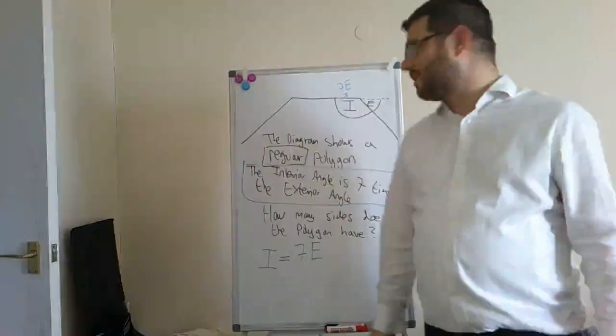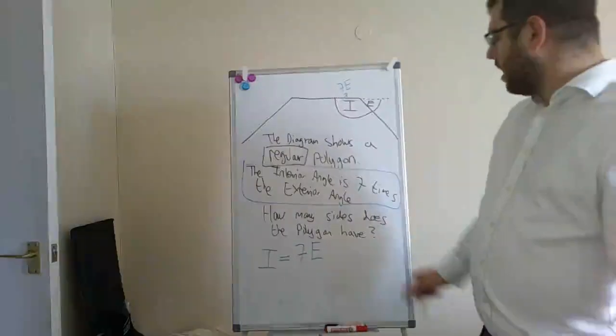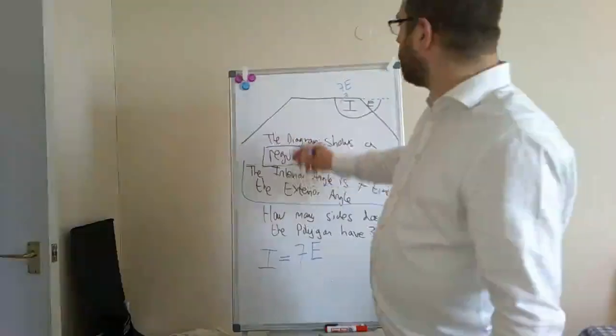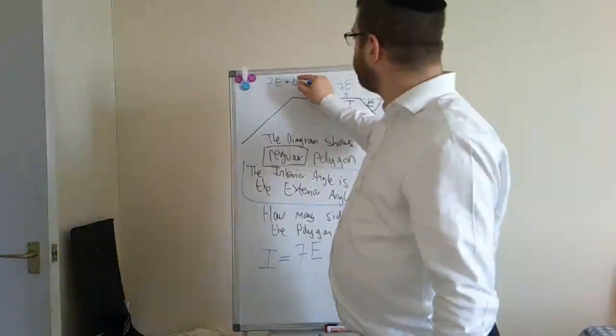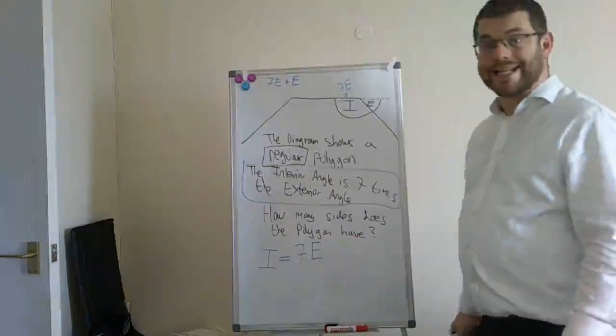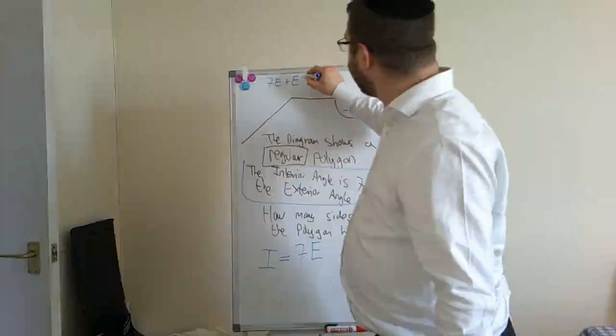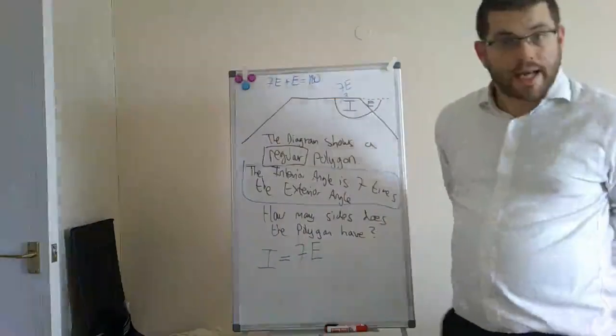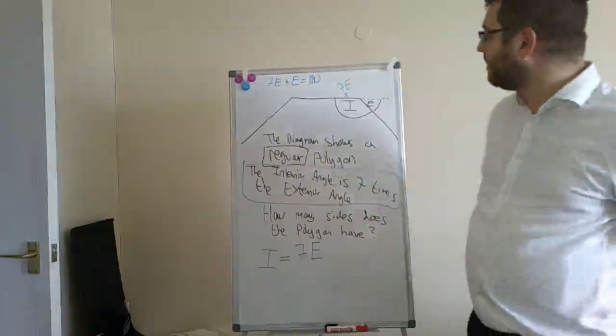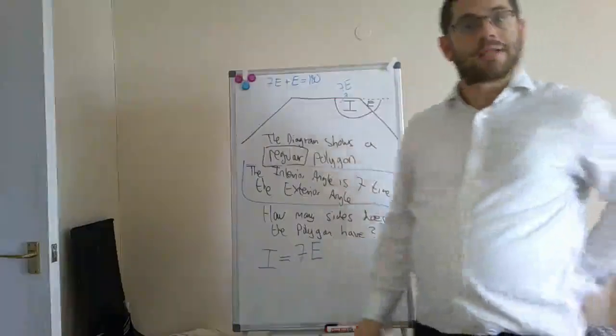Then I'm going to get an exterior angle. I've run out of space at the bottom, so I'm just going to go in this corner. 7E plus another E is 8E. But together they must add up to 180. Every individual interior with its corresponding exterior has to add up to 180.